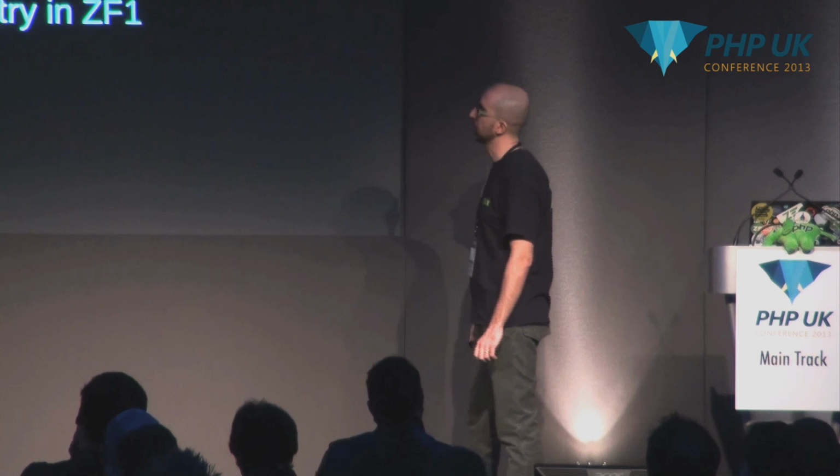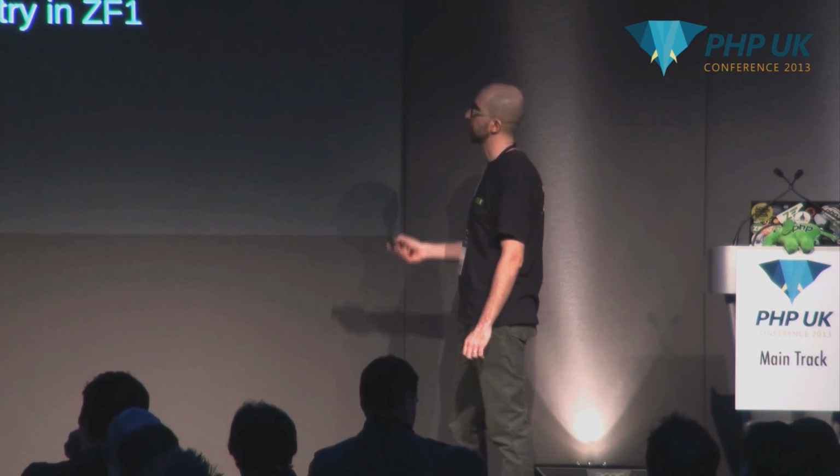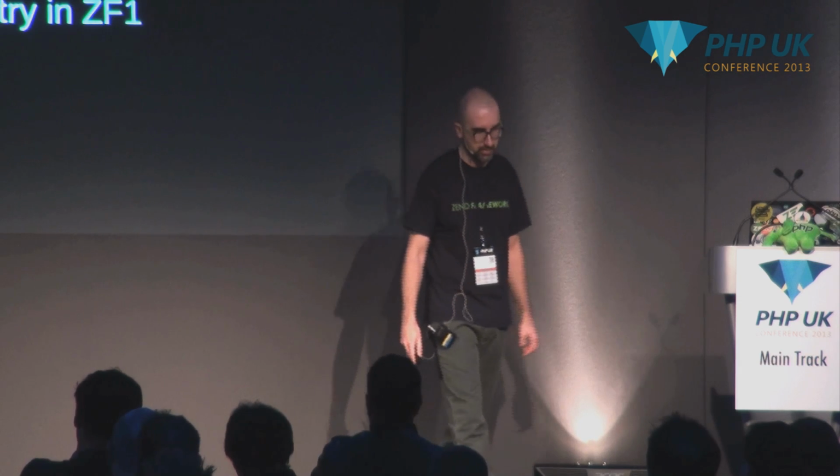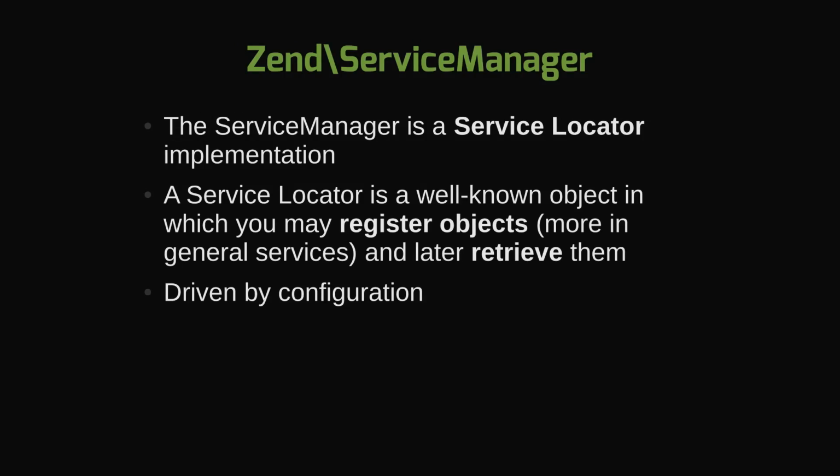Basically, in order to manage services, we use a service locator. That is the design pattern that we use to manage these components. So the service manager implements the service locator design pattern.